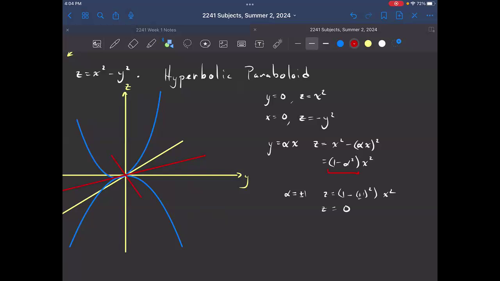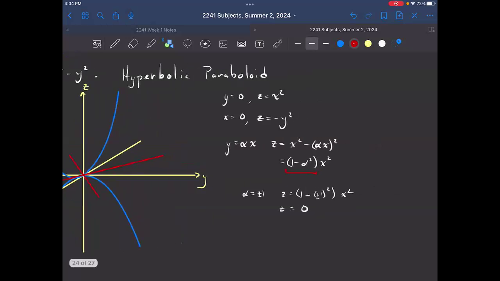Or let's say -1/2. That's a better one. So if alpha equals -1/2, then we get z equal 1 minus -1/2 squared x squared, and this ends up being 3/4 x squared.